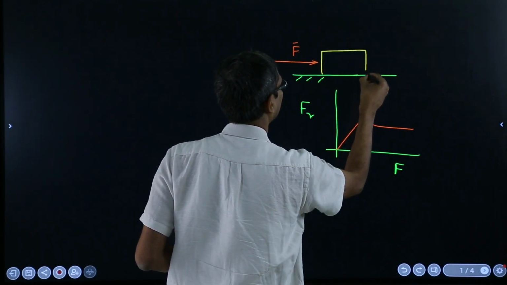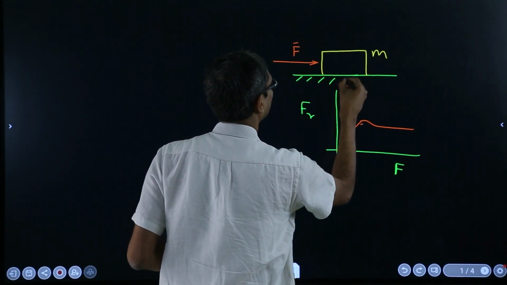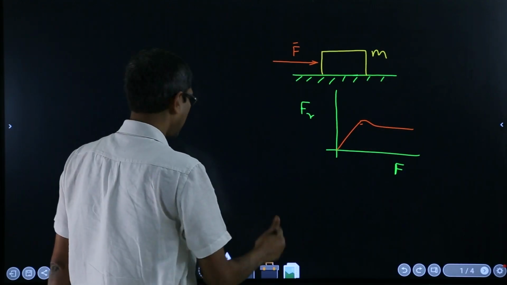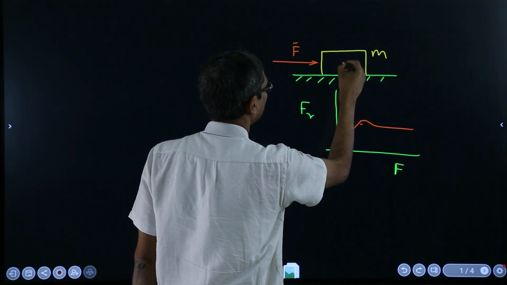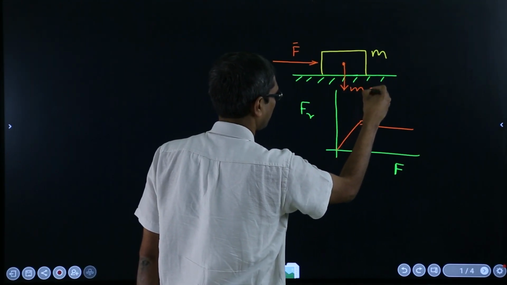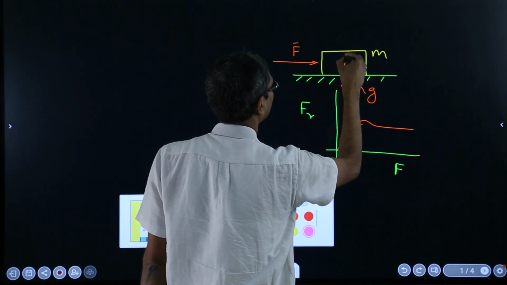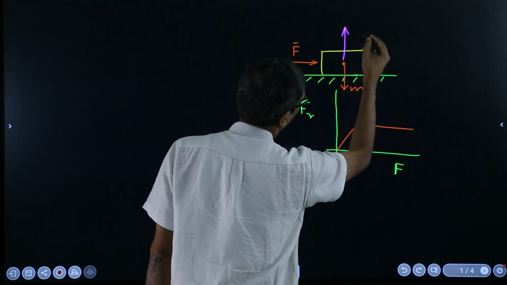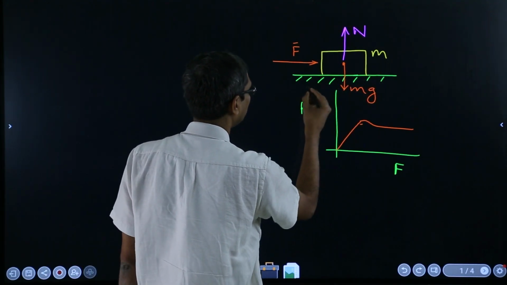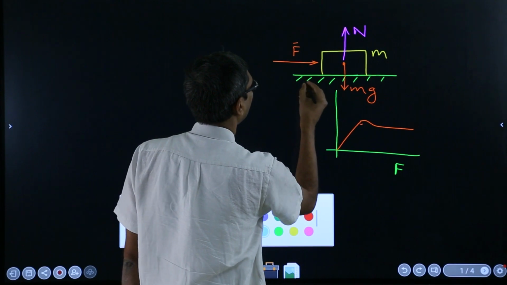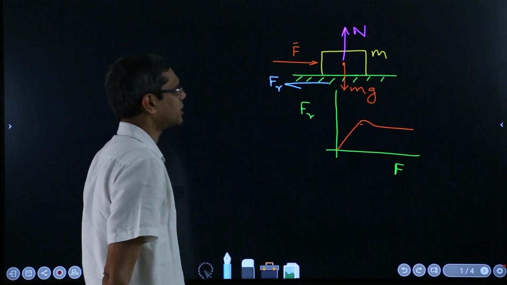I just wanted to have this: the mass is here. mg acts like this, and you have this habit of thinking that the normal reaction acts like that, and if I am trying to move it like this, then a frictional force acts in this direction.